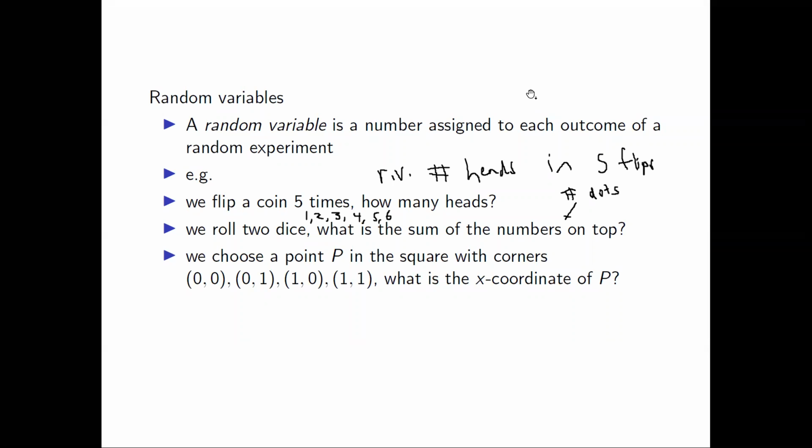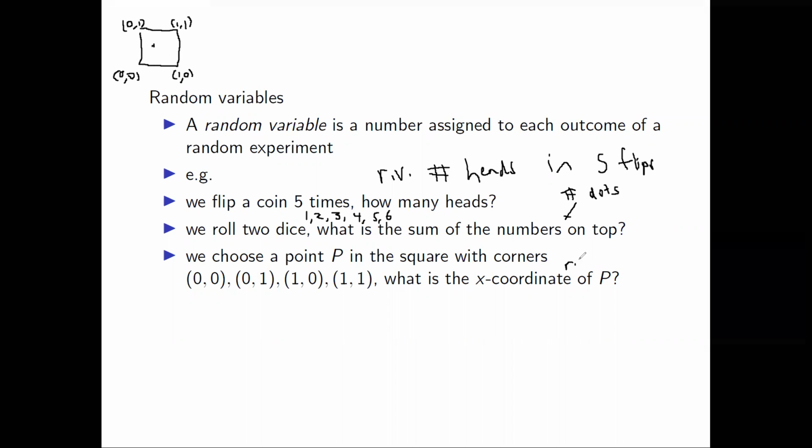Another random variable we could look at, we can define it by choosing some point in the square. The square has corners at the origin, and it's a unit square. It's axis parallel. And we choose a point in the square, and we can ask, what is the x-coordinate?